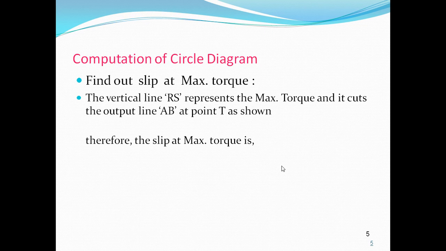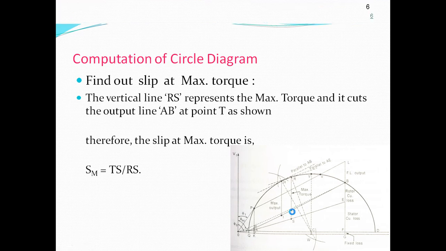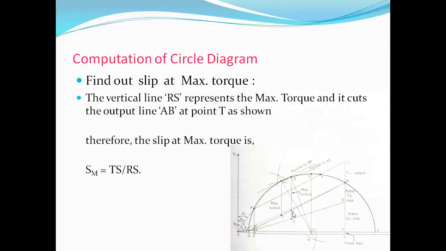As we drew the maximum torque line as shown in the figure, RS is the maximum torque line, and this torque line cuts the output line AB at point T. So slip is equal to TS by RS, which gives the slip at maximum torque.